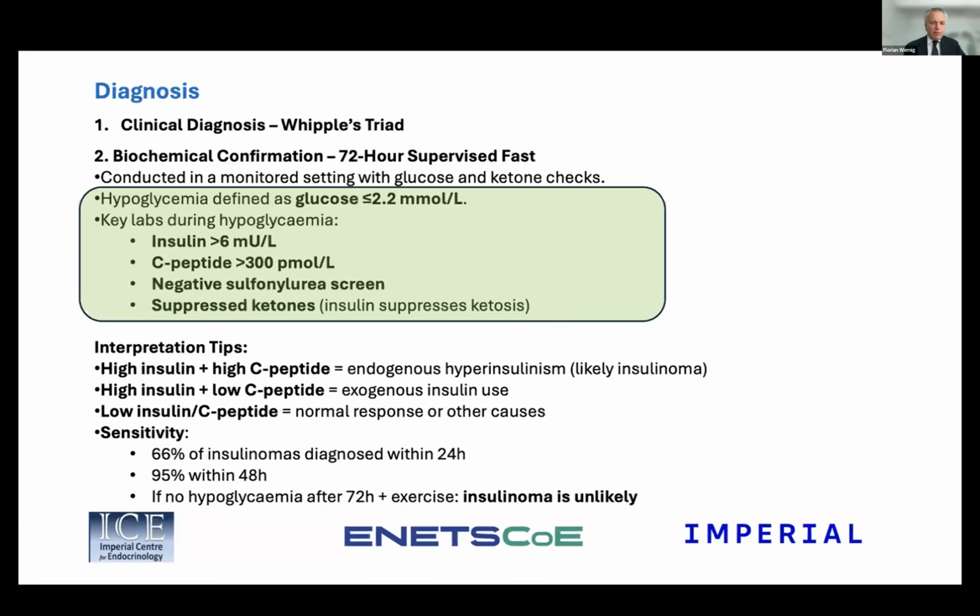So we would only potentially pick up insulin use, but not sulfonylurea use, because this would give rise to the first picture with high insulin and high C-peptide levels. If there's low insulin, low C-peptide in the context of hyperglycemia, it can be an entirely normal response, and one would expect also the blood ketones to be elevated.